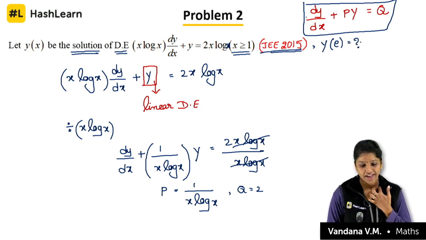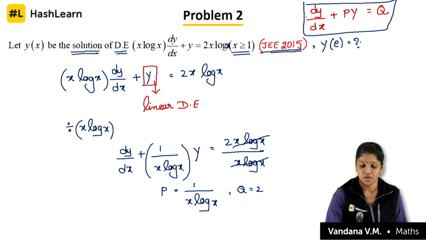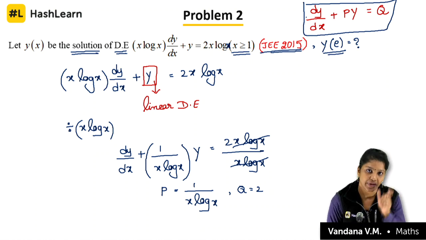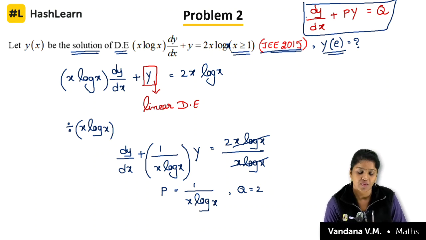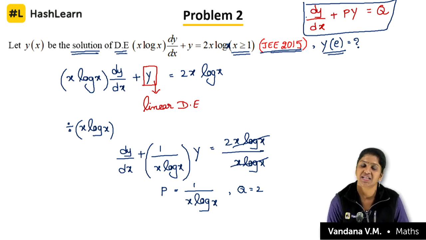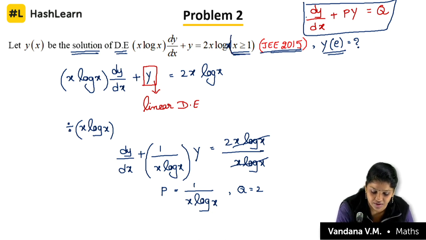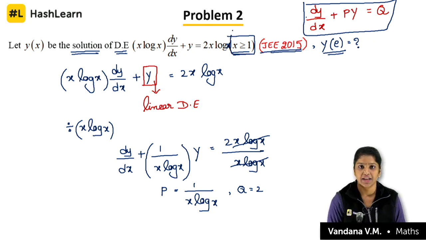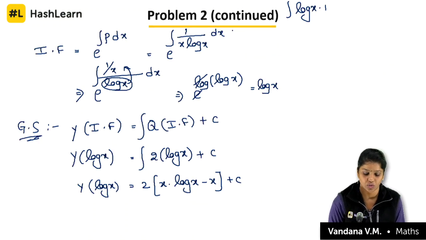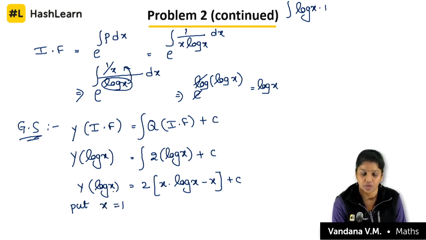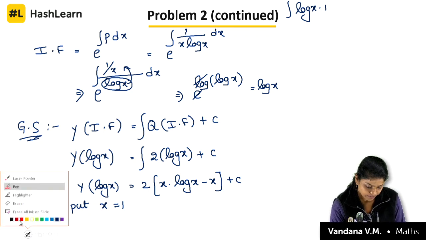It is okay, not writing plus c is not an issue, Kushi. So, children, this is the question. Now you tell me what is the answer, y of e. That means a particular solution I am asking. Now I will see where they gave the values for x and y. If they are giving x and y, then I can find the value of c. So the hidden information is this: x is greater than or equal to 1, equal to 1 also. So put x is equal to 1.